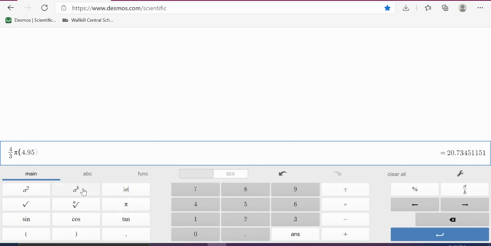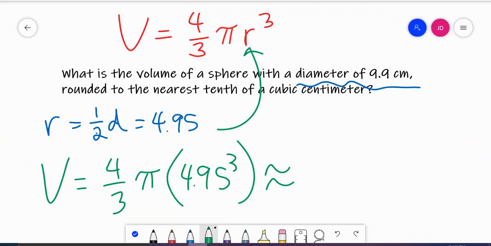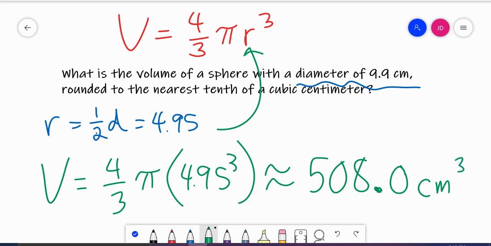Oh, not squared. Cubed. And it is 508.04. So the 4 keeps the 0 where it's at. It doesn't bump it up. So it's about 508.0 centimeters cubed. Okay. So be careful when they have diameter. Make sure you find half of it to get the radius.